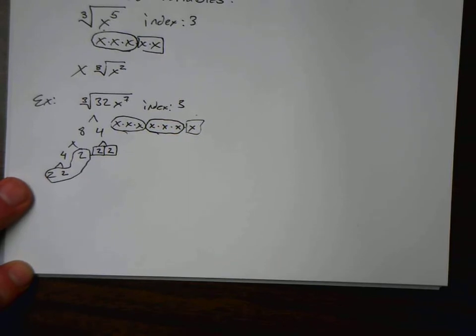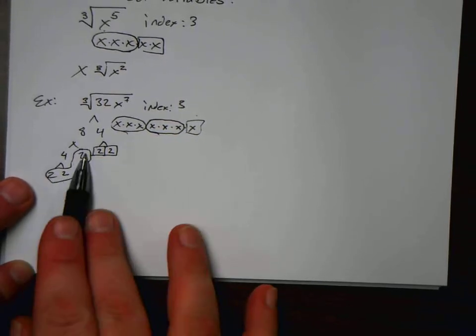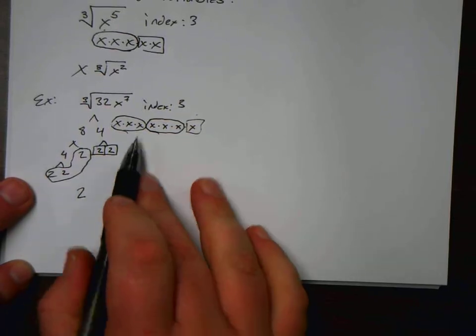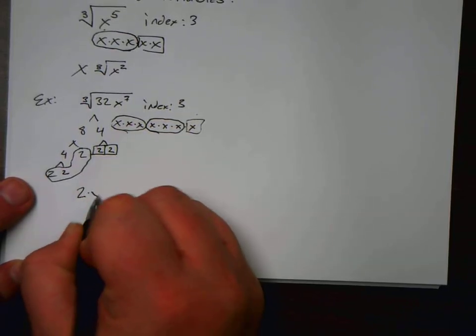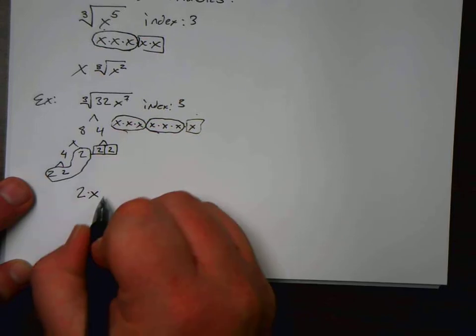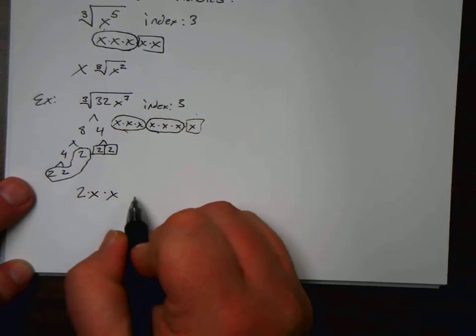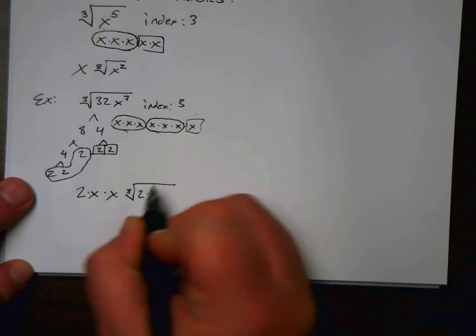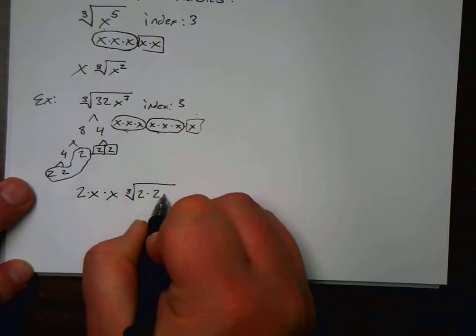So let's determine what's going to come out front. This group of 3 2s is going to come out as 1 2 out front. That group of x's is going to come out as 1 x out front. That one's going to come out as an x out front. And then underneath, we have a 2 and an x.